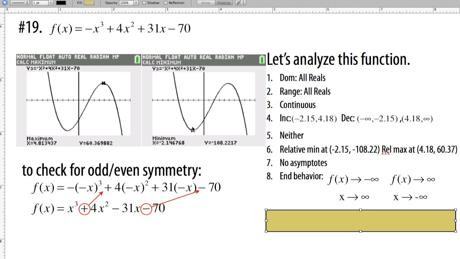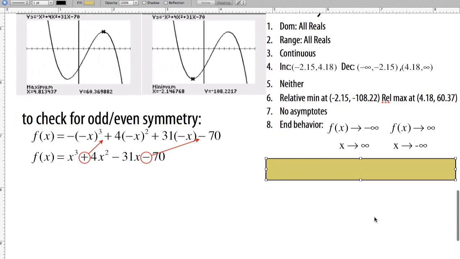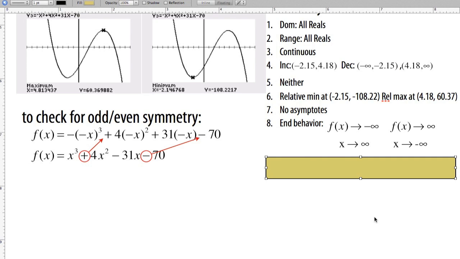As x goes to negative infinity, out to the left side, what's happening to y? The graph is going up, so you would say it goes to positive infinity. And this is a full analysis other than zeros, which we'll get to later. We've analyzed that particular graph.